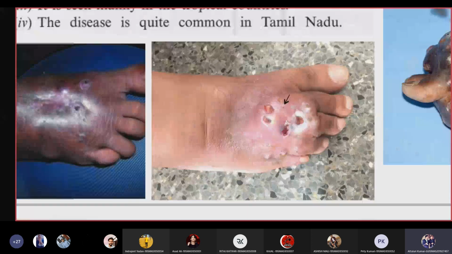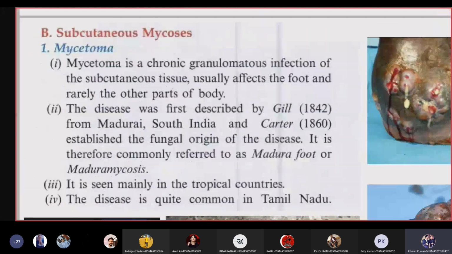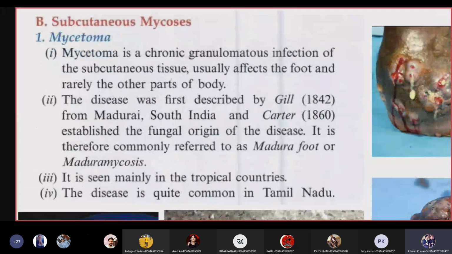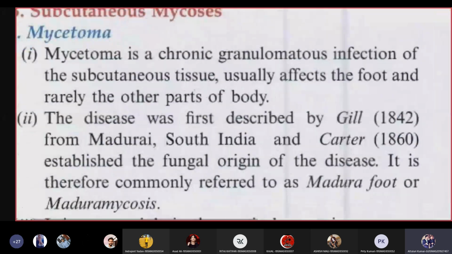Coming to Mycetoma, it is classically called a chronic granulomatous infection of the subcutaneous tissue. That means it is a chronic infection where we will see granules in the subcutaneous part of the skin.